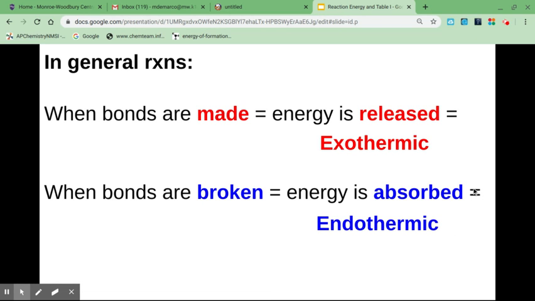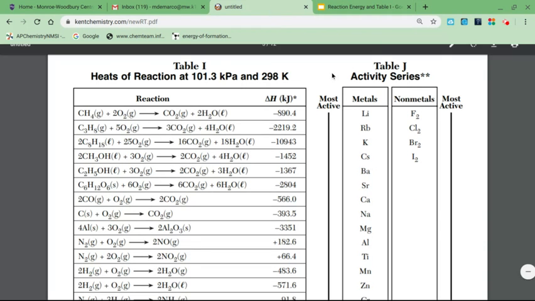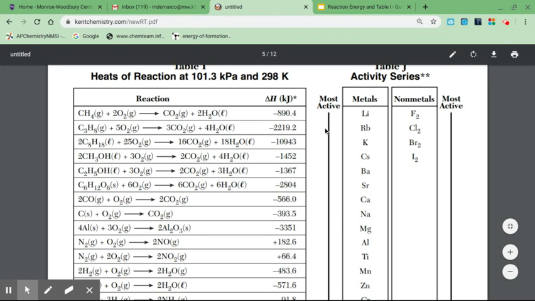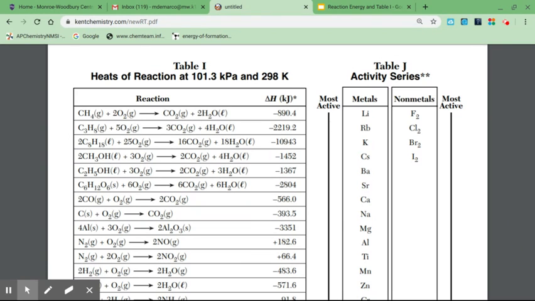So we're going to take these two concepts and we're going to apply them to reactions. And we're going to apply them in a way to understand how much energy is actually needed to make or break or cause a reaction. Now, when we do this, we're going to analyze Table I. So if I pull up Table I, it says these are the heats of reaction at 101.3 kPa and 298 K. And what those things are called, 101.3 kPa and 298 K, are standard conditions.